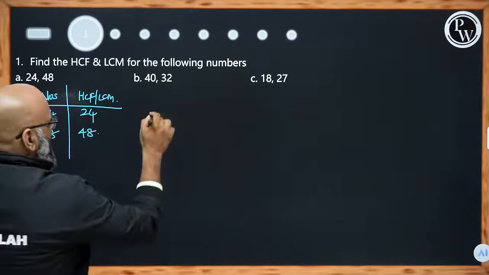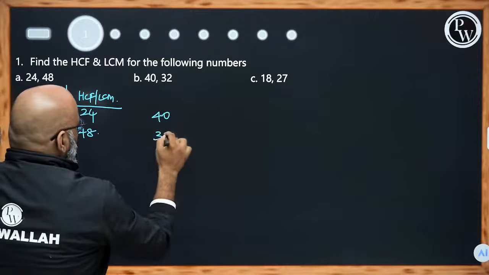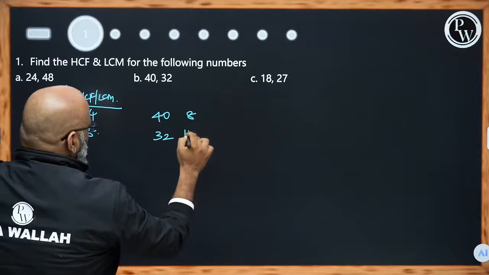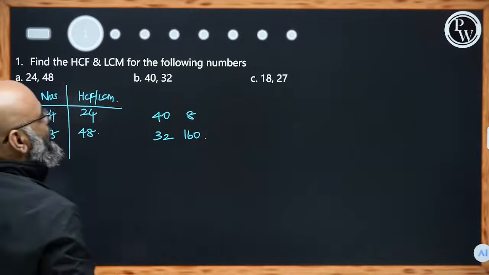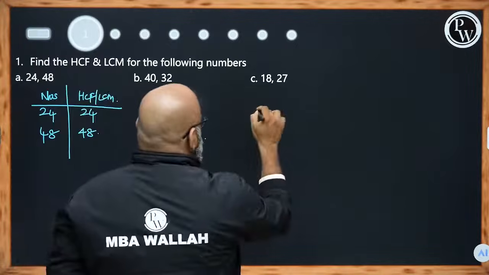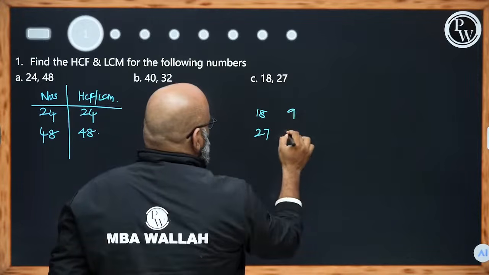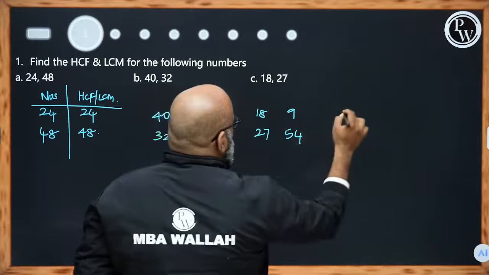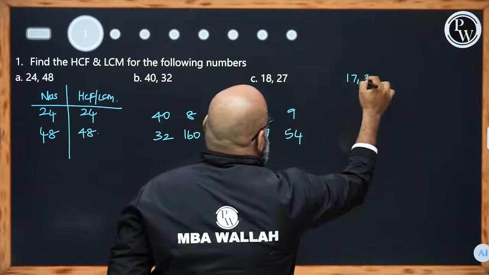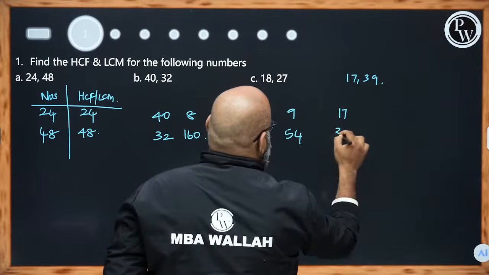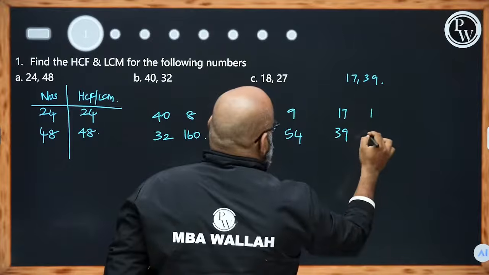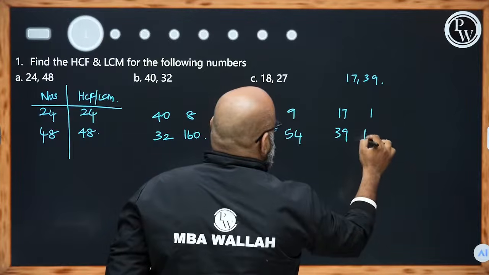Check it out. 40 and 32. HCF is 8, LCM is 160. 18 and 27. HCF is 9, LCM is 54. 17 and 39 is what I had. HCF is 1, LCM is 17 into 39, which is 663.